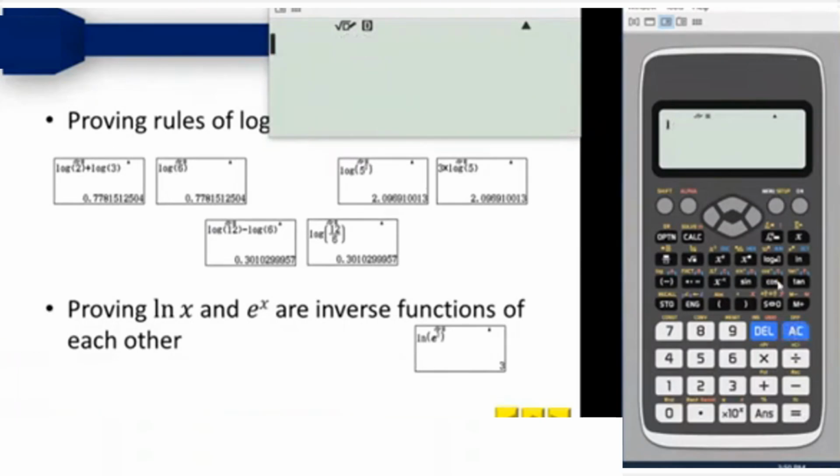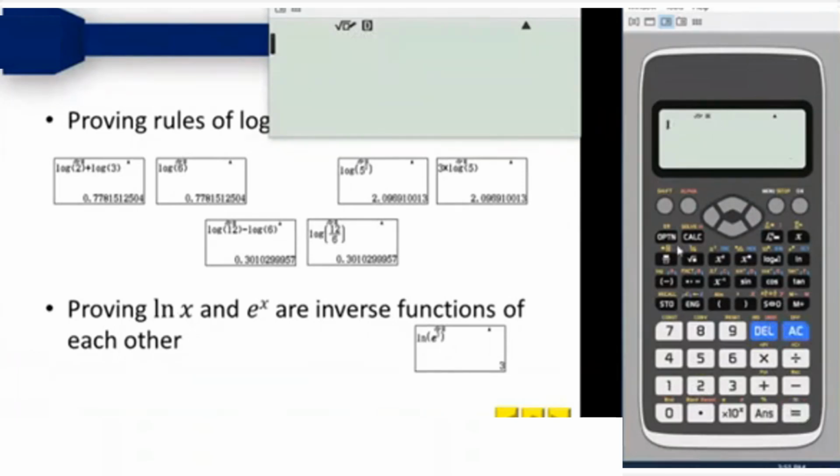Similarly, log with any base, power of 1 is always 0. Log with a base of 5, power of 1 is 0. Log with a base of 12, power of 1 is 0.